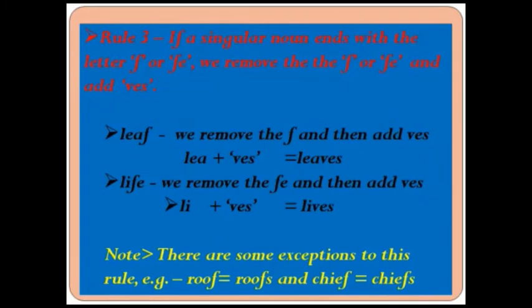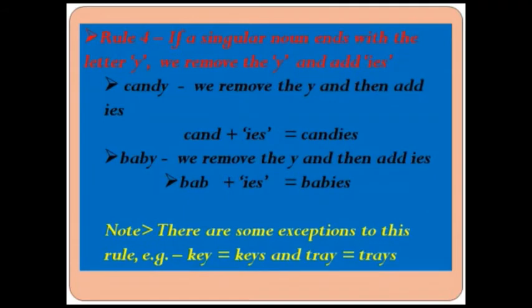We remove the FE and then add VES. Once again, note that there are some exceptions to this rule, and roof does not change to roofs... roof adds the s and becomes roofs, and chief does not change to chieves; chief adds s to become its plural form, chiefs.